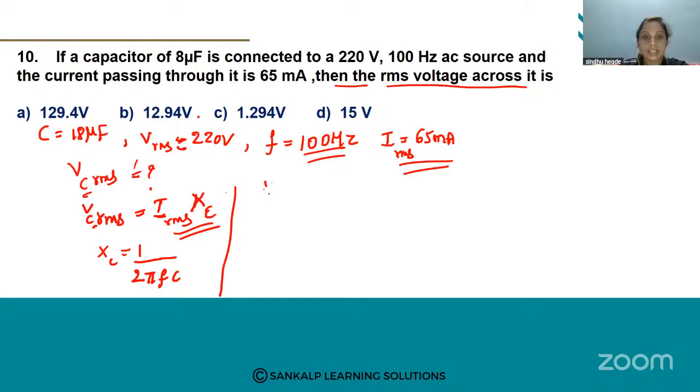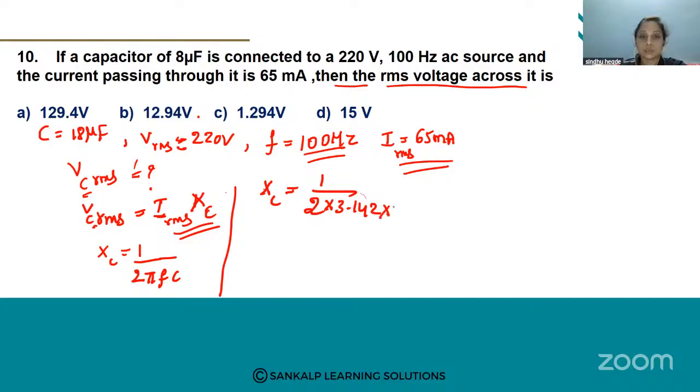XC is equal to 1 divided by 2 into 3.142. That is the value of pi. We know that. What is the value of pi? That is 22 by 7 or 3.142.